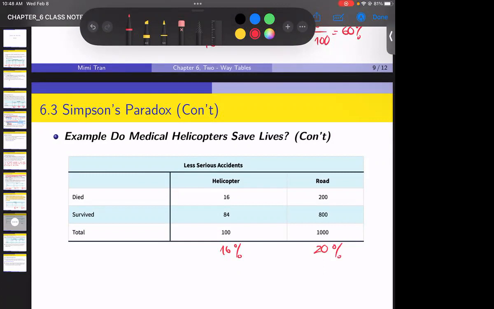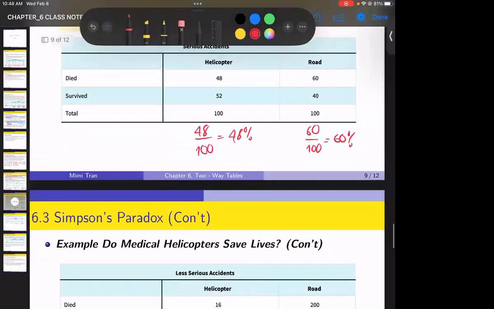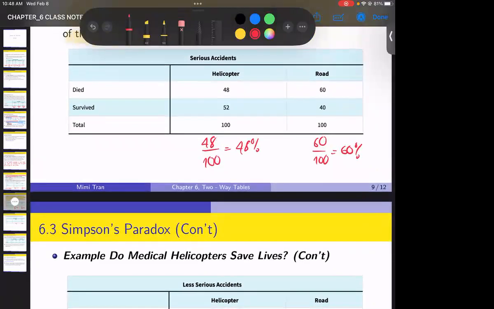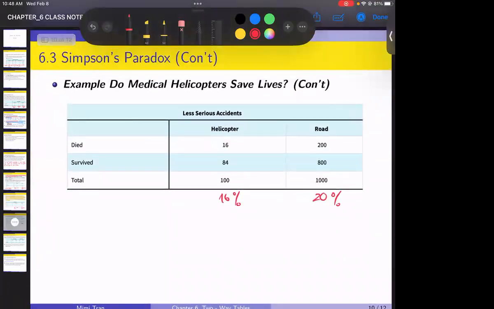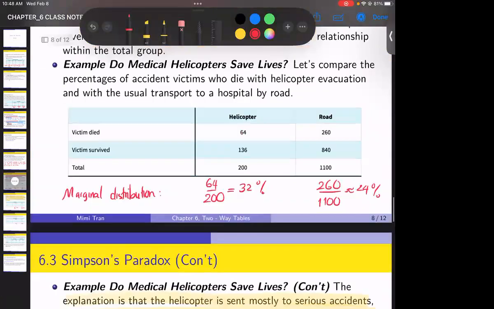So when I look closely at the data, I see that the death rate for road transportation is larger than for helicopter transportation. As opposed to when I use the marginal distribution, where the result is opposite. So that's Simpson's paradox, right?